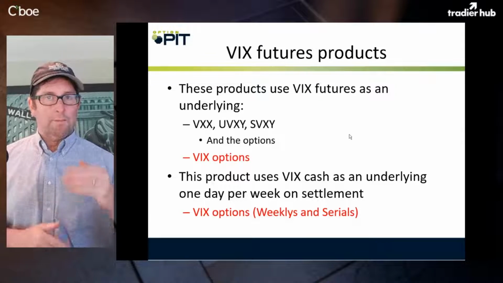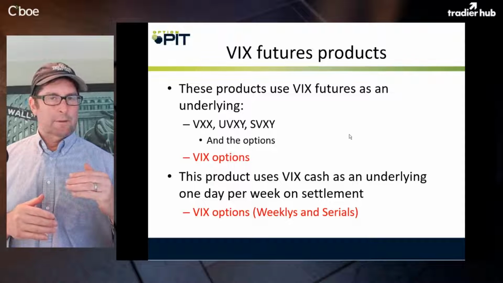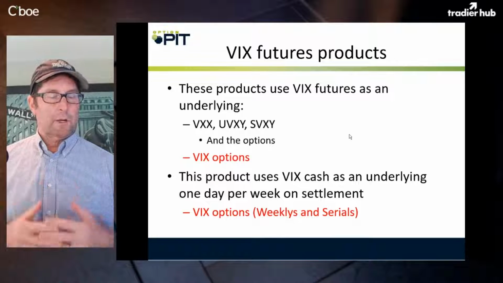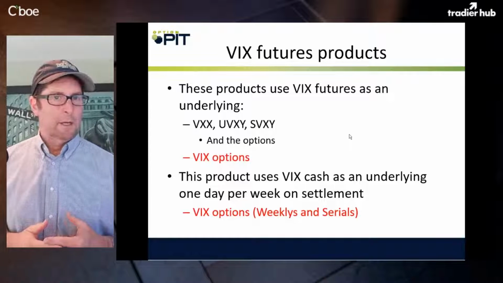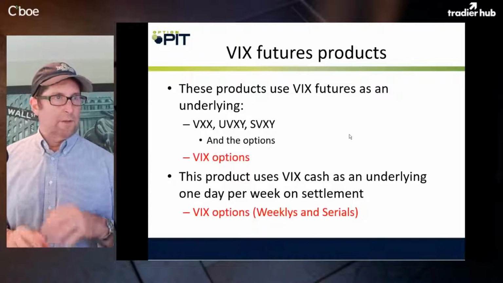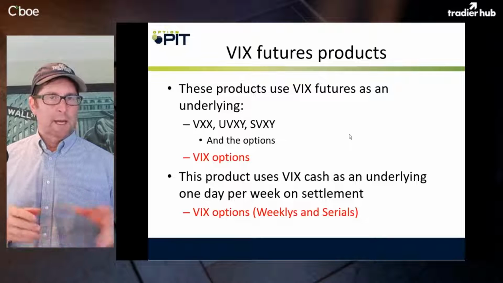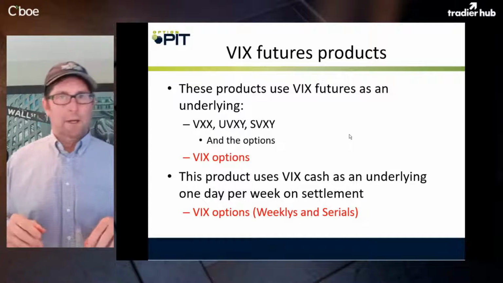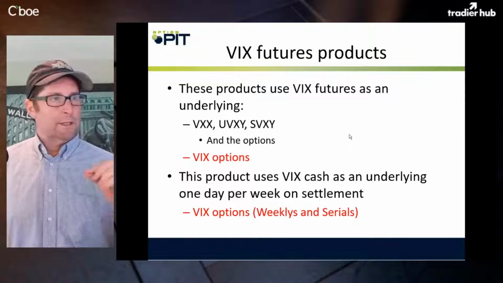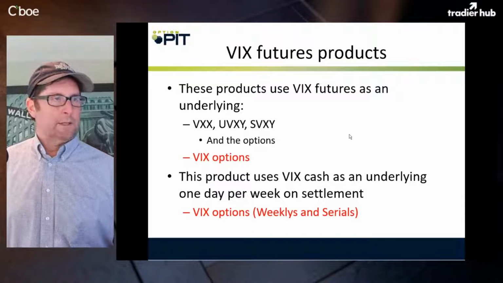Really, all the volatility products trade off of the futures, because the futures are the makeup of the product. So VXX and UVXY are two long vol products. SVXY is a short vol product. And then there are the options that trade off those. The VIX future is the thing that moves those contracts.